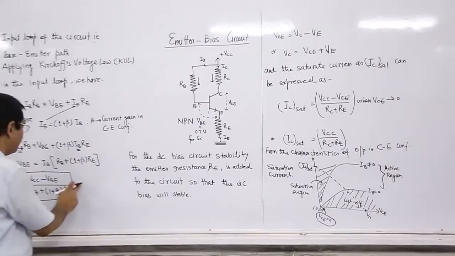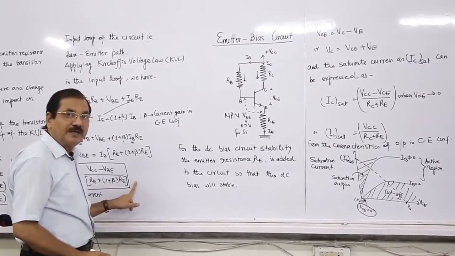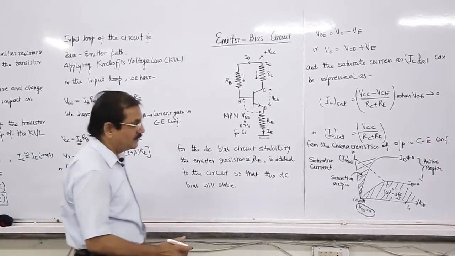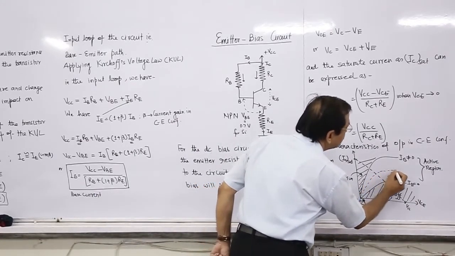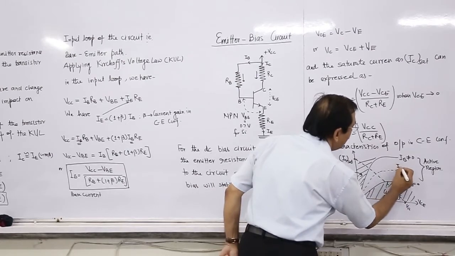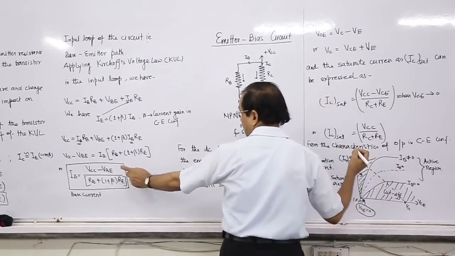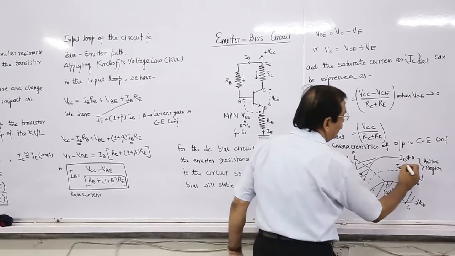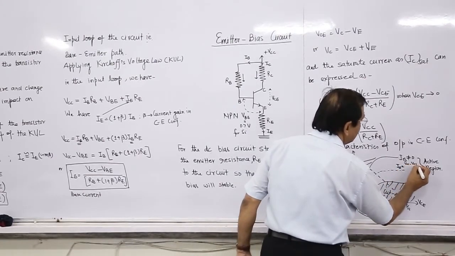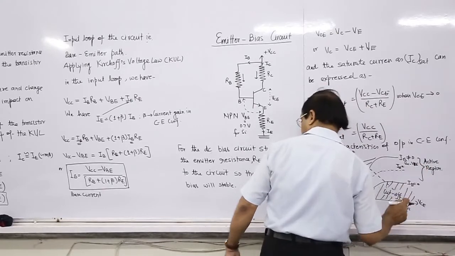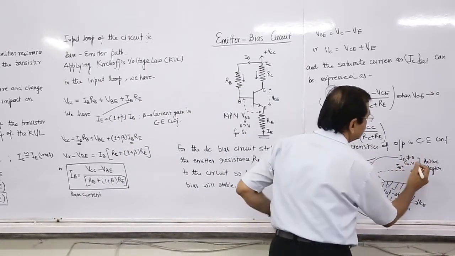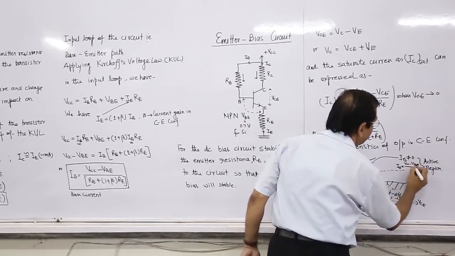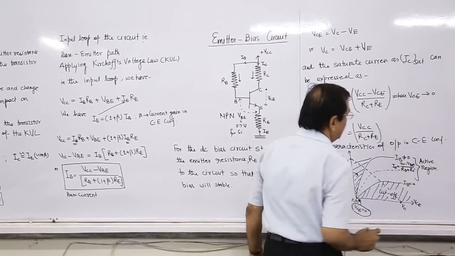From this value, if we have the particular current of base, IB, from this expression, IB is VCC minus VBE upon RB plus Ri.